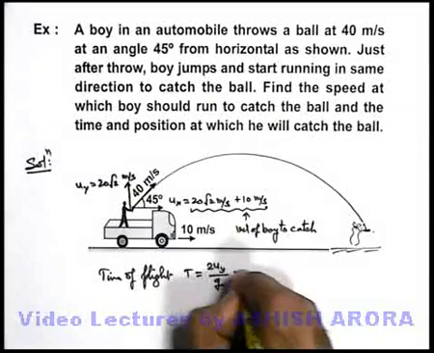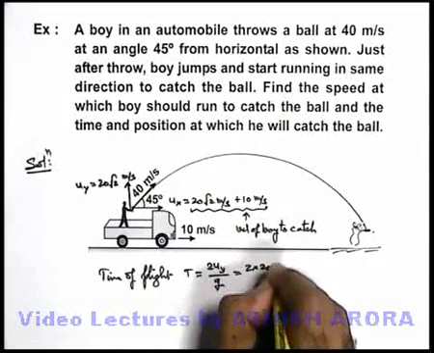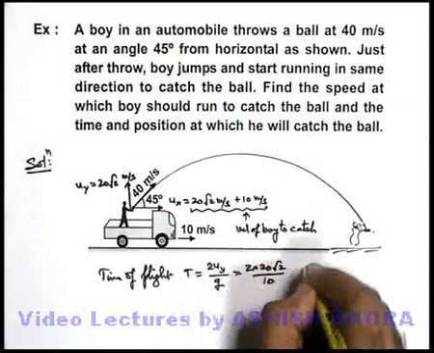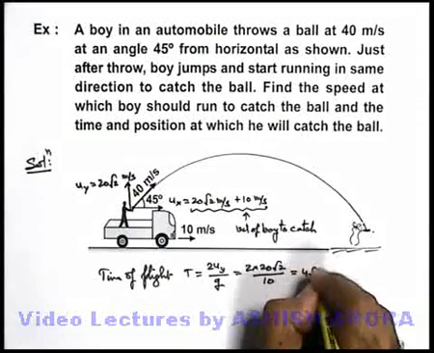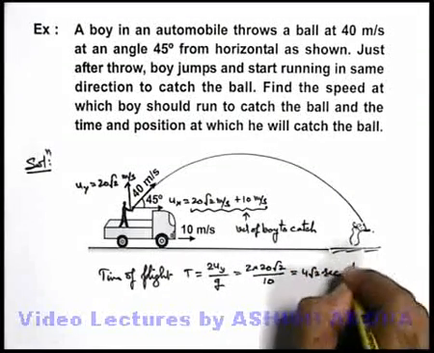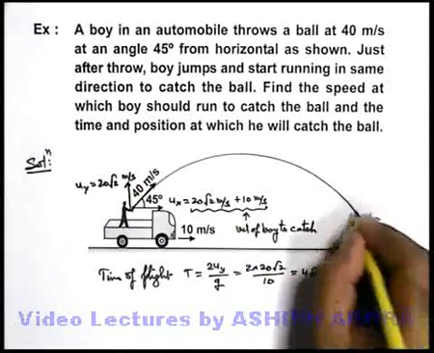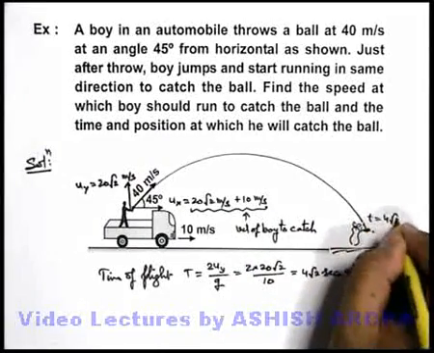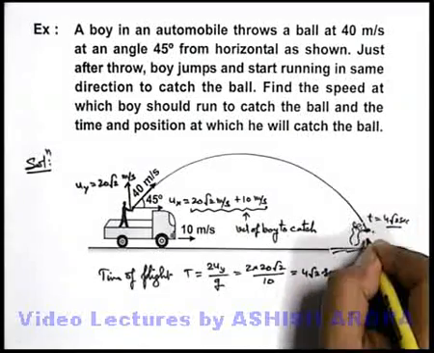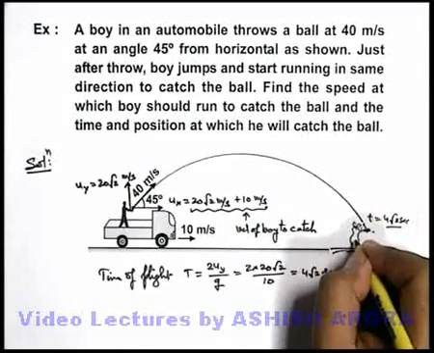It will be 2 into 20 root 2 by 10, which gives us 4 root 2 seconds. So this is the answer to our second part: the time at which the ball will be caught is 4 root 2 seconds.